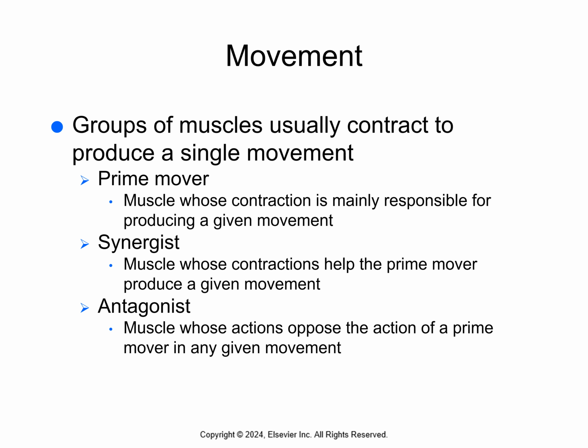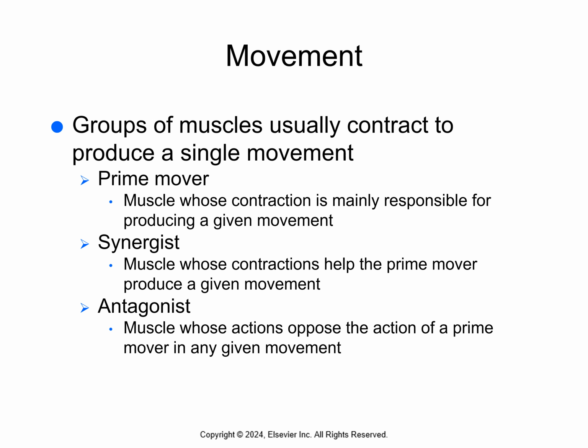Groups of muscles usually contract to produce a single movement. This is something we got to know. Now we're going to distinguish between how they're moved. The muscle whose contraction is mainly responsible for producing a given movement is called the primary mover. So that's the one that says, hey, I'm going to move this, so I'm the primary mover.